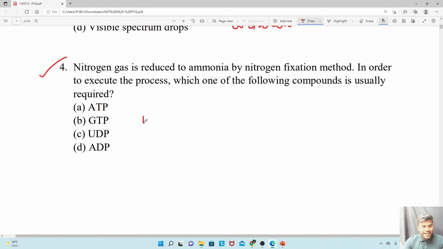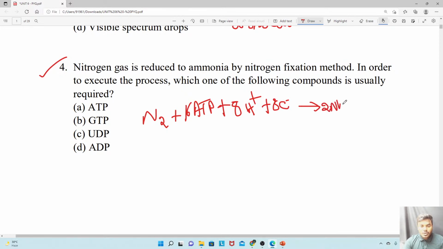Friends, we read, right? Nitrogen plus 16 ATP molecules plus 8 protons plus 8 electrons is going to give rise to 2 molecules of NH3, plus 16 molecules of ADP and 16 Pi released.